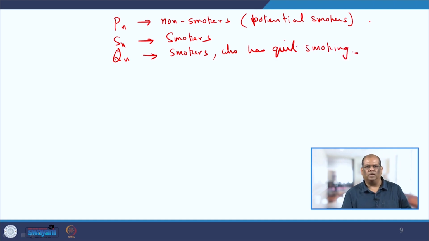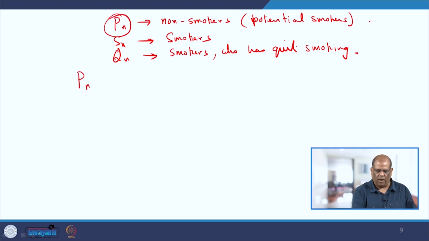So this model is about smokers, the non-smokers, and the persons who used to be smokers but then quit smoking. So if you want to model such a thing, this is the number, say after n years.